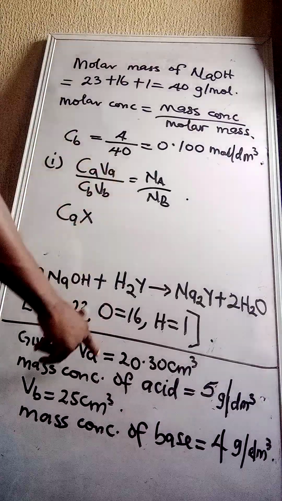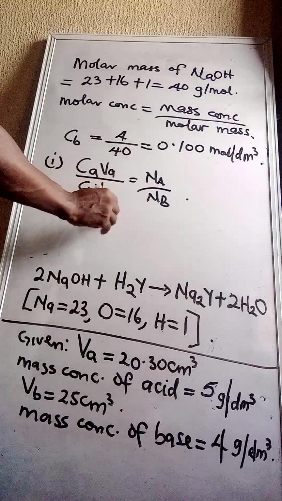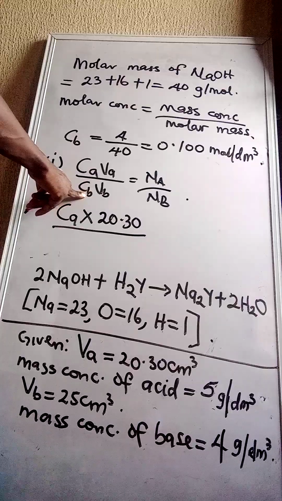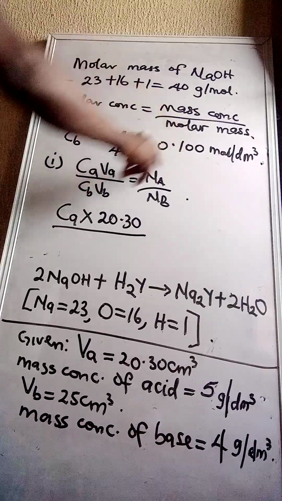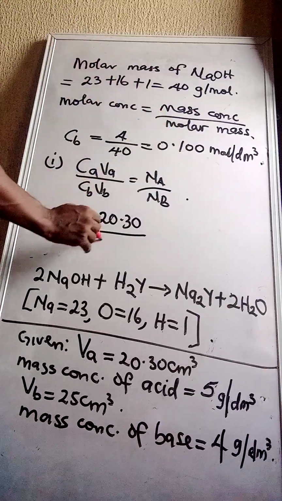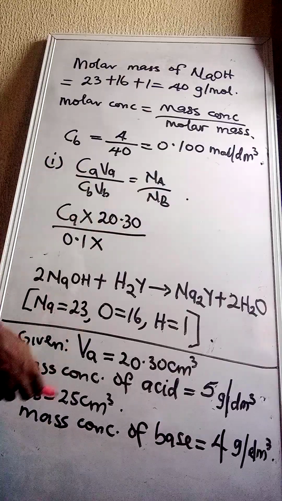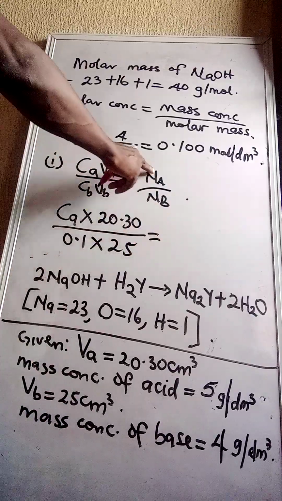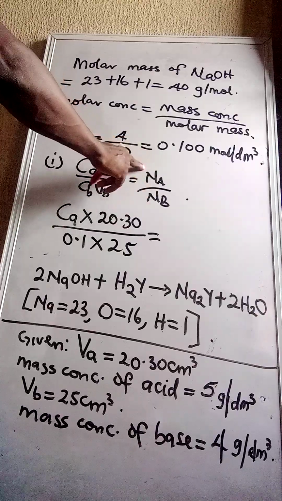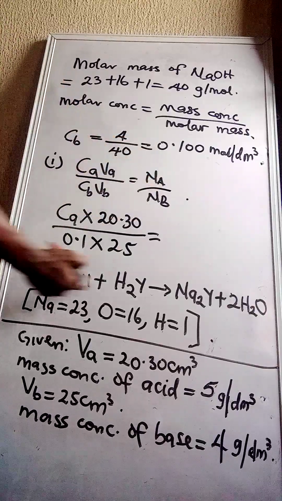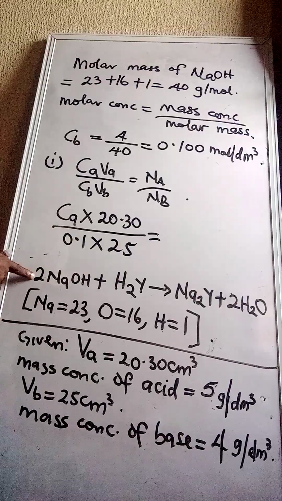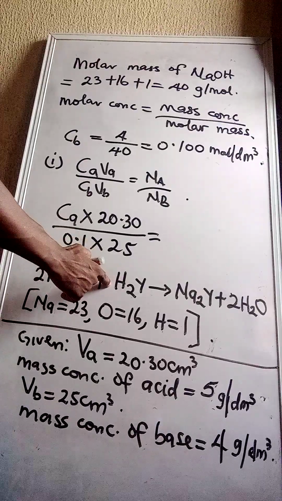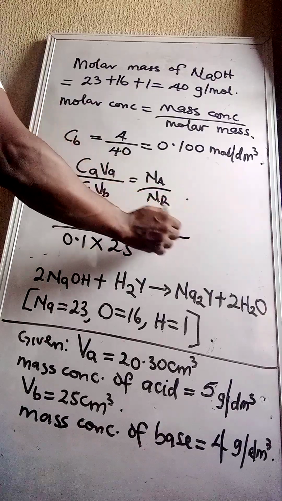Volume of acid is 20.3, over concentration of base, which is what I just got, 0.1, and volume of base is 25, equals Na over Nb, which is the mole ratio of acid and base in the equation. 2 mole of base, 1 mole of acid, because there is an invisible one here. That will now be 1 over 2.